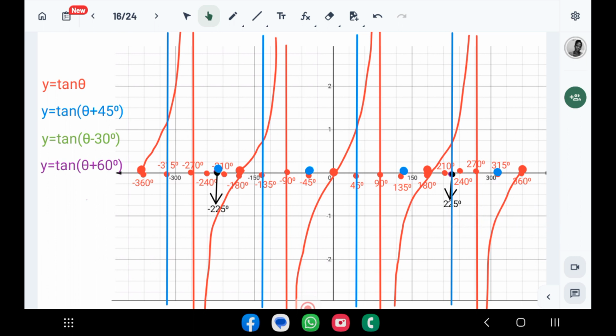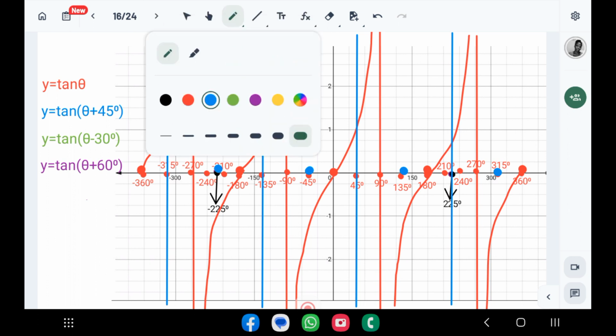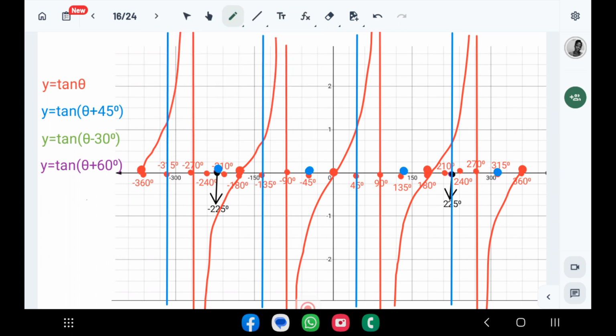Now that we've got our x-intercepts to guide us, we can now draw the graph. So let's draw the graph where we can, starting from the intercept. And we take it like that.